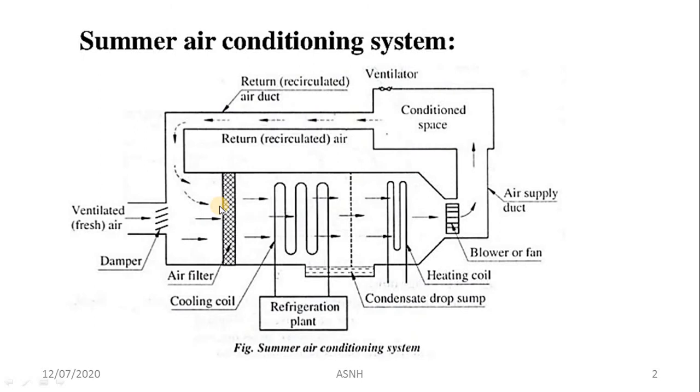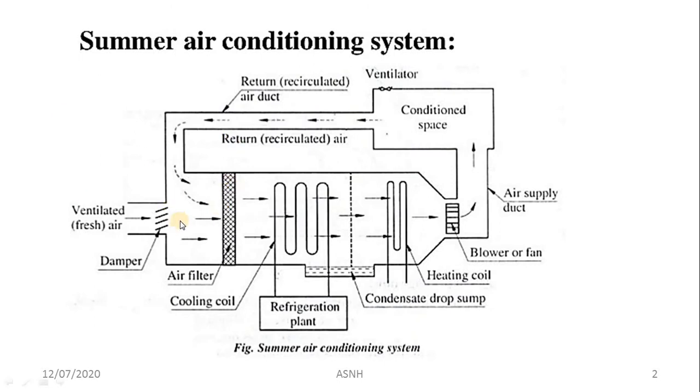Students, as we know, the summer air conditioning system is mostly used in the summer season. It is the most important type of air conditioning in which air is cooled and generally dehumidified. The outside air flows through the damper and mixes with the recirculated air.